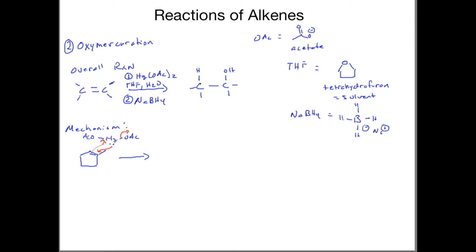So we don't actually form a real carbocation. We form this mercurinium ion here, that looks like this. The next thing that's going to happen is water is going to attack, and it turns out that water is going to attack the more highly substituted carbon.